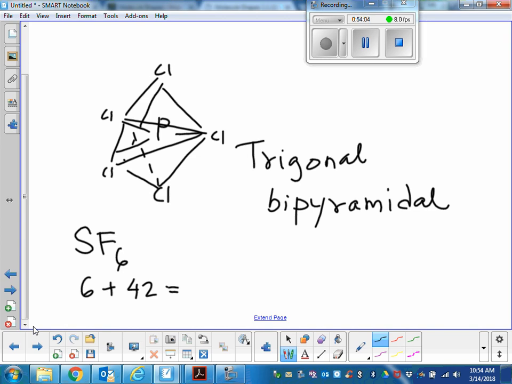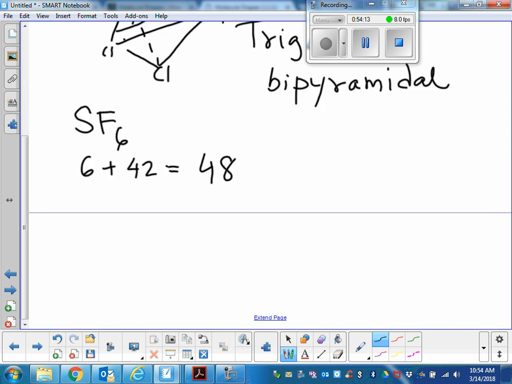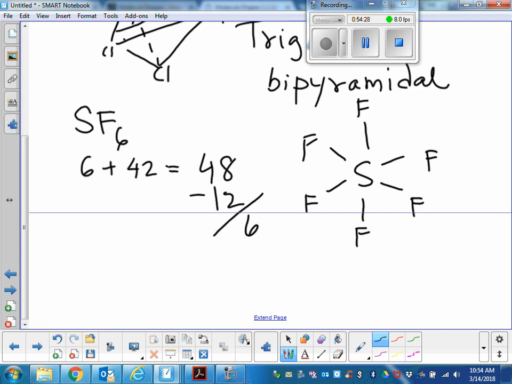So what is the total? 48. What will go in the middle? Sulfur. So just surround it with fluorine. You accounted for 12. How many do you have to account for? 36. 6 times 6 is 36.